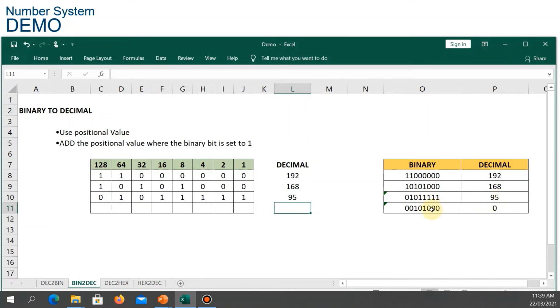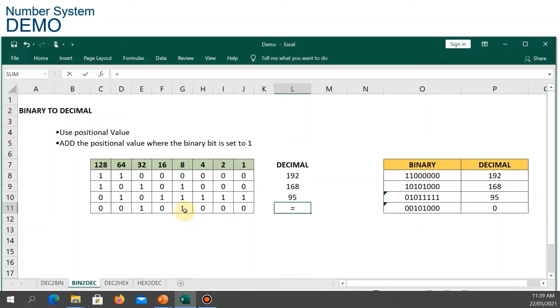All right, so let's take the last example. This one here is 00101000. Let's plot it on our positional value table: 0 0 1 0 1 0 0 0. Again, we just have to look at those binary bits that are 1, placed on 32 and 8.